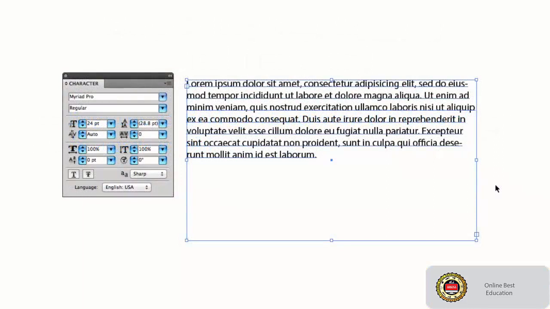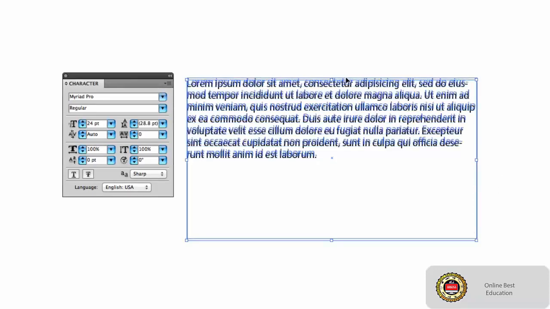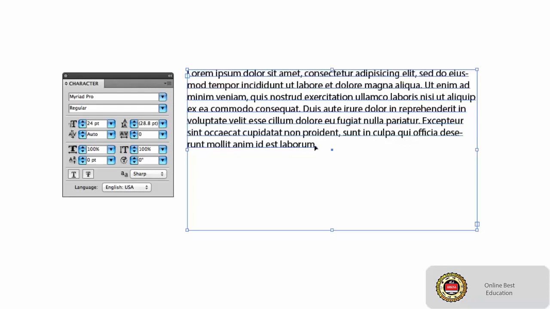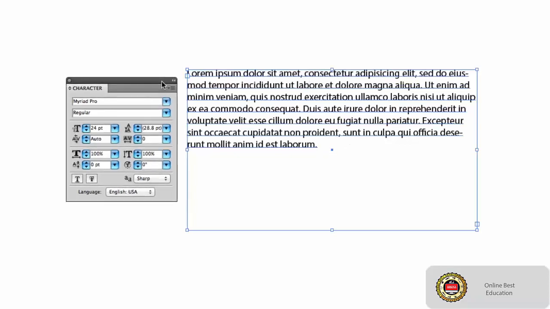So I find myself inside my graphics application. Which application am I in right now? It doesn't really matter because all of our graphics applications, if they're worth their weight in salt, allow us to adjust the leading for our text. But just in case you're wondering, I happen to be inside Adobe Illustrator to show you this. As you can see, I have a paragraph of text here sitting inside of a text frame, and I have my trusty character panel over on the left-hand side.